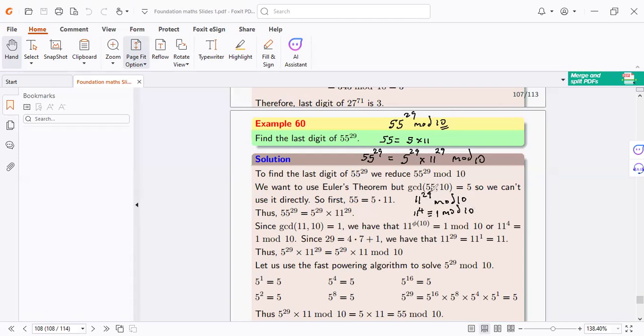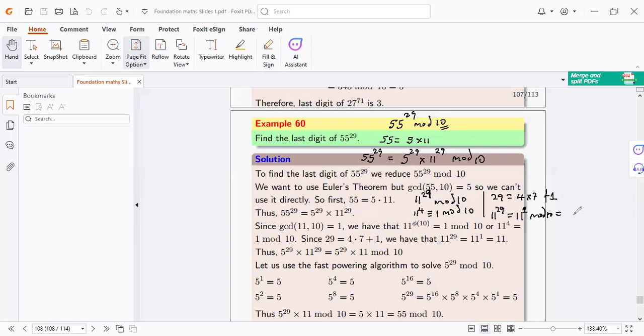So then, what about 29 in terms of 4? By the division algorithm, 29 is 4 times 7, and the remainder is 1. So 11 raised to 29 is just the same as 11 raised to that remainder, which is 11 to the 1 mod 10.